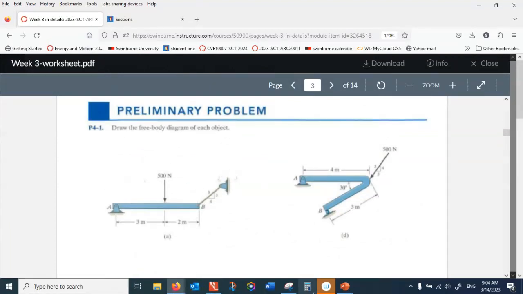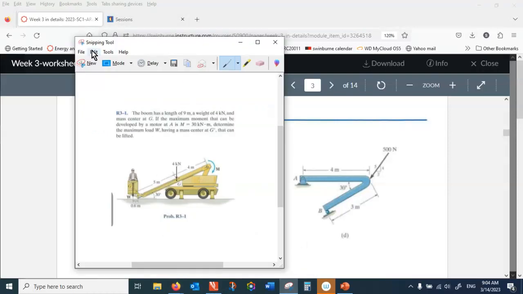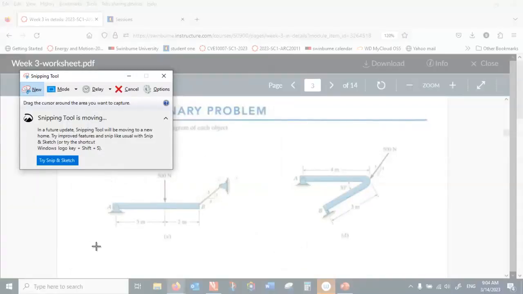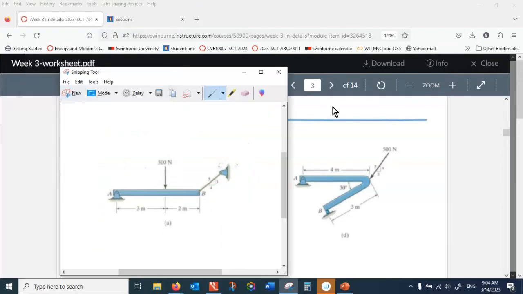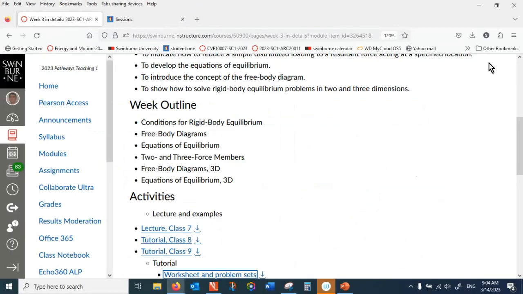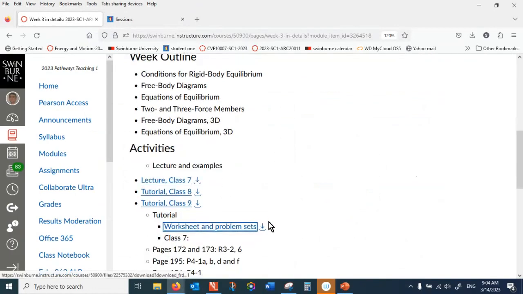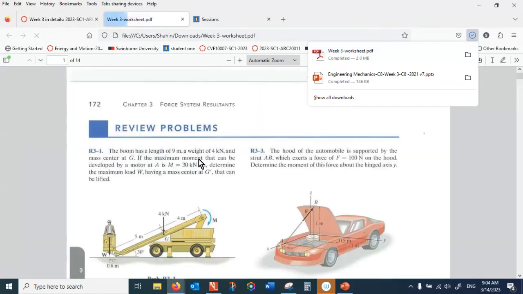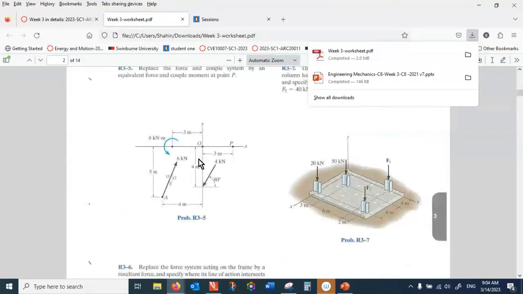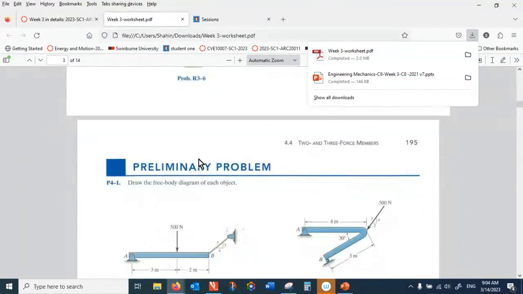So free body diagram. What is a free body diagram? A free body diagram could be your best friend or your worst enemy. This doesn't have clear images, so I make a higher resolution. Okay, this is more readable. 195.